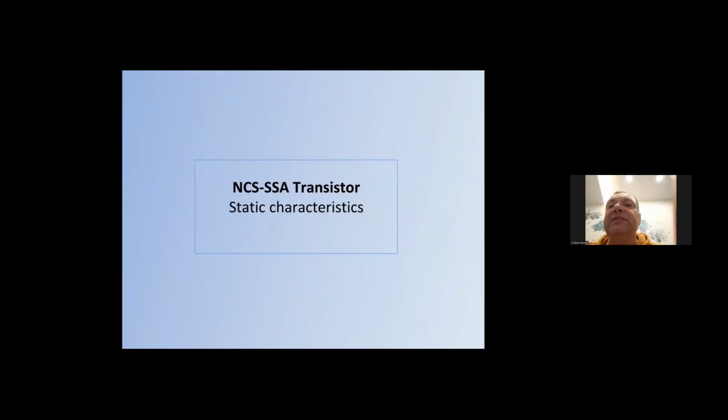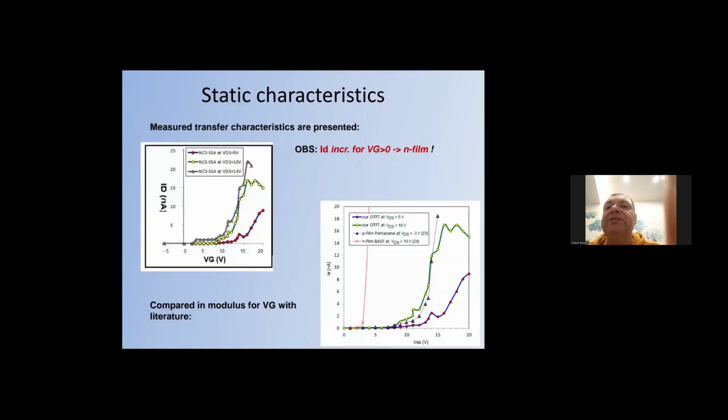So what static characteristics did we measure for this transistor? As you see, on the left side we obtain the first image: we first increase the gate voltage toward positive values to prove the existence of electrons in our film.